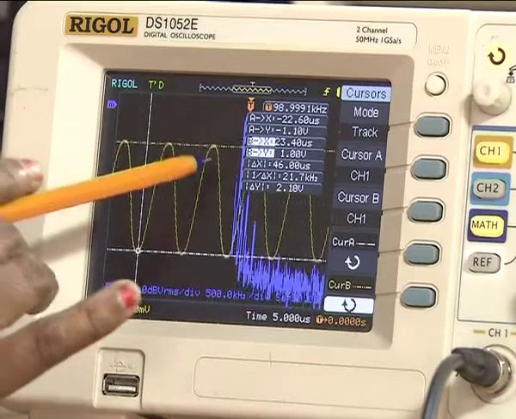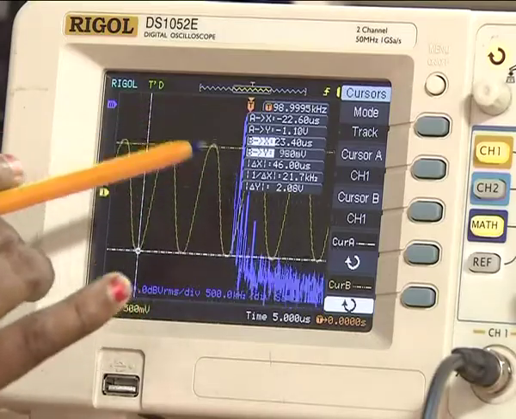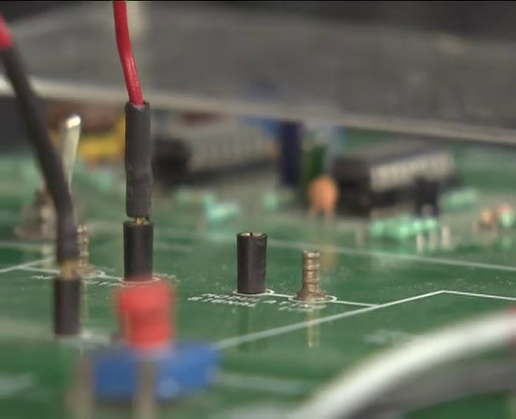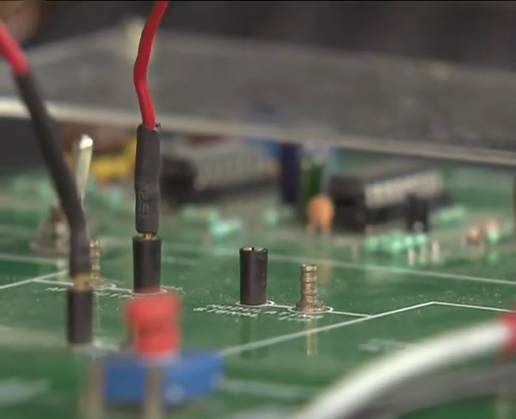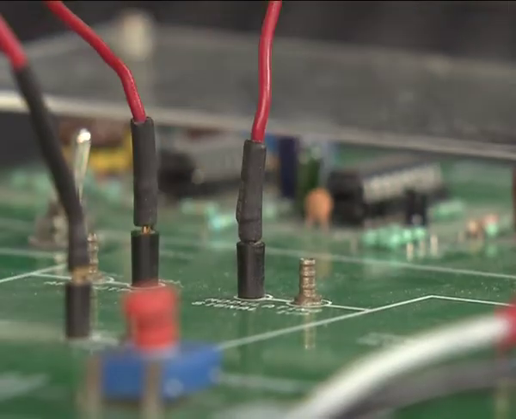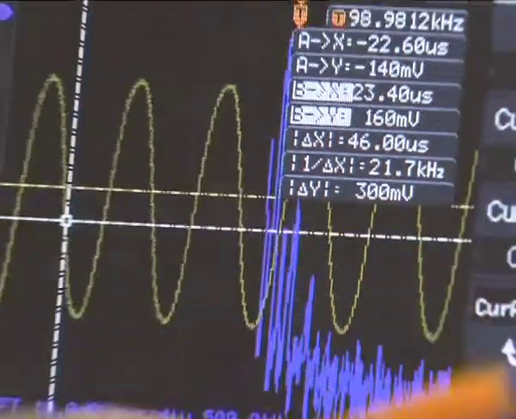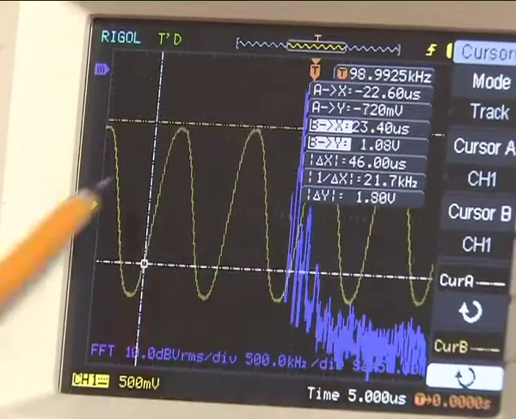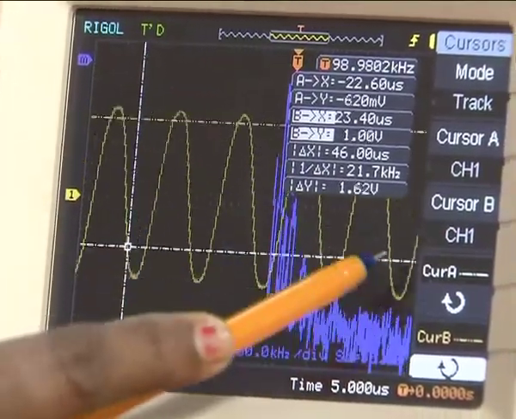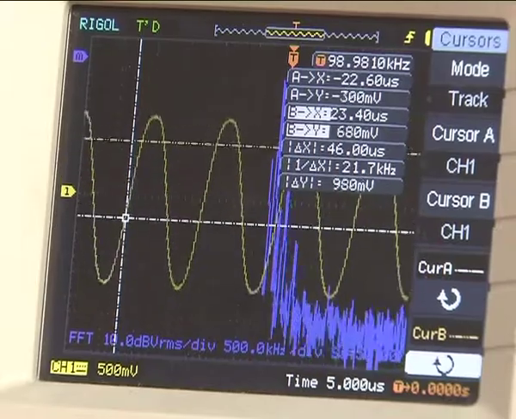If we now provide the input to the VCO, the input is provided by just feeding the signal from the audio frequency generator to the input of the frequency deviator. Now, you can see the waxing and waning of the waveform. This waxing and waning of the waveform is the frequency modulated signal.